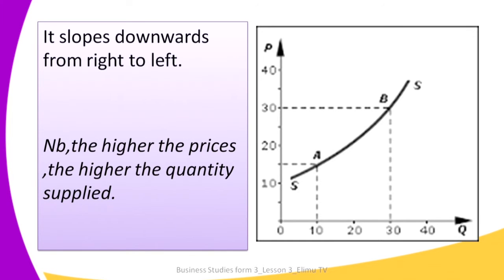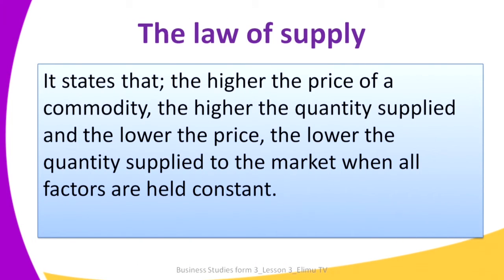If you plot a line from the y-axis, where we plot the price, up to the curve, then downwards, you'll see as price increases, quantity supplied is also increasing, and if price decreases, quantity supplied also decreases.